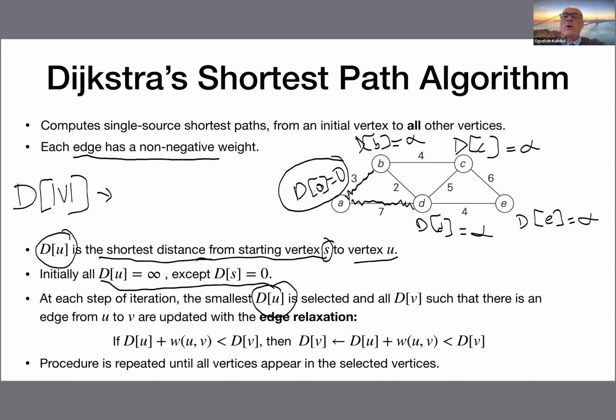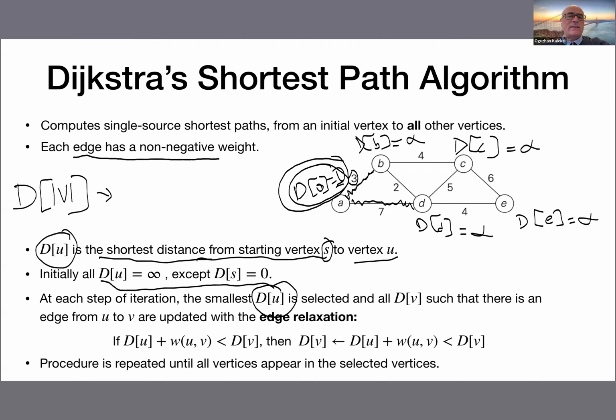I can arrive at A with cost 0, and I can arrive at B with a cost of infinity. However, A is connected to B with 3, right? So then the cost of D[A] plus 3 will be feasible to reach D[B].